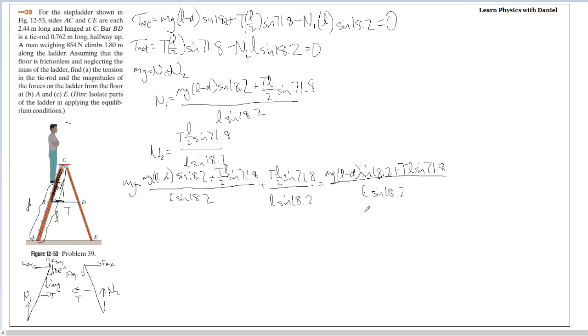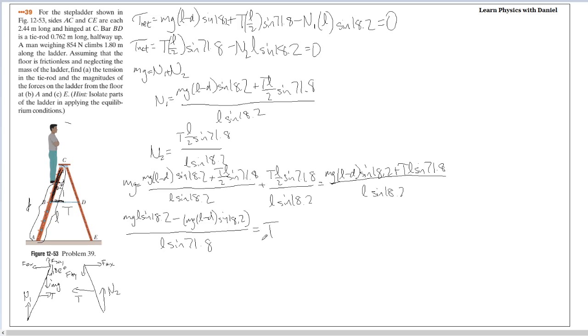So if we multiply L sine 18.2 and then subtract mg L minus d sine 18.2, and then we divide L sine 71.8, I'm not writing out these steps because my room is limited. But if I do all of that, we'll end up with something like mg L sine 18.2 minus mg L minus d sine 18.2 all over L sine 71.8.